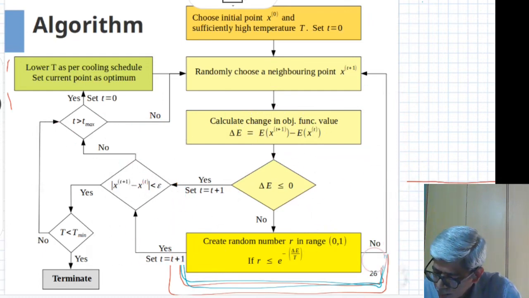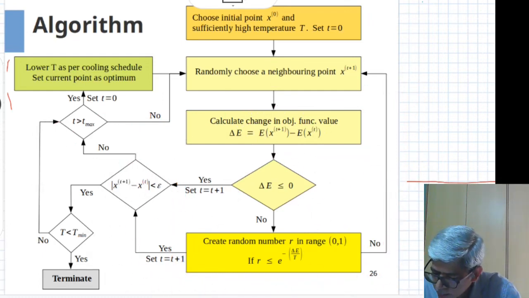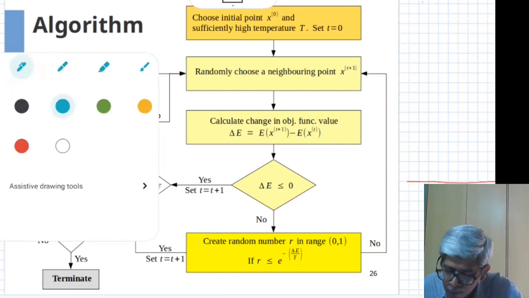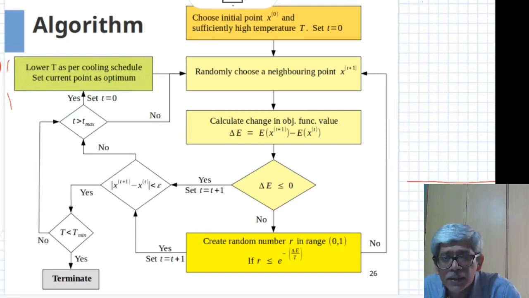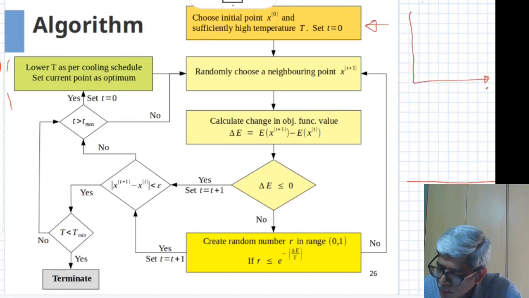So here you initially set a temperature. How to choose an initial temperature? There are some guidelines which we'll visit at the end of this session. Once you have chosen the initial temperature, that is the first step. For visualization purposes, let me draw a two variable function, x1 and x2, and let's say this is the feasible space inside which we are searching.